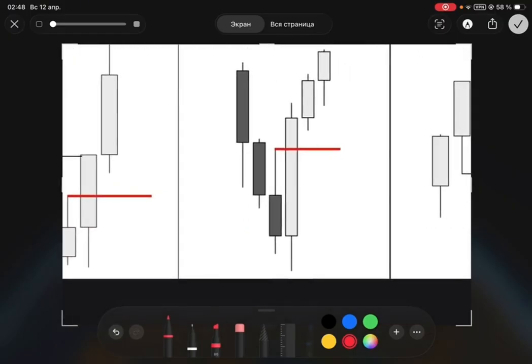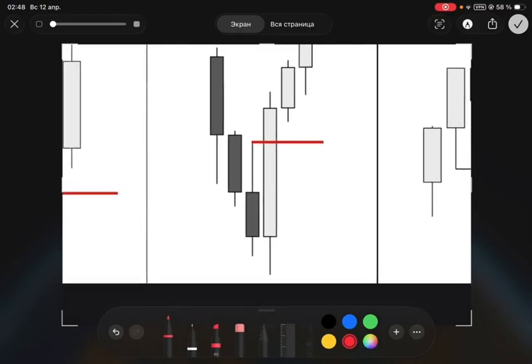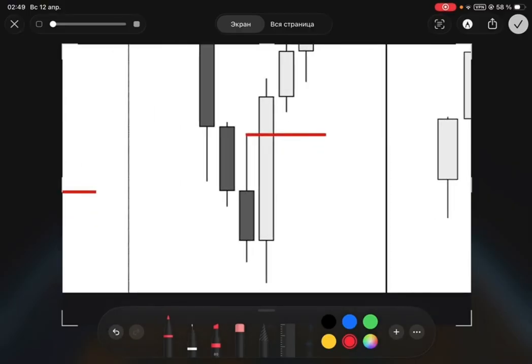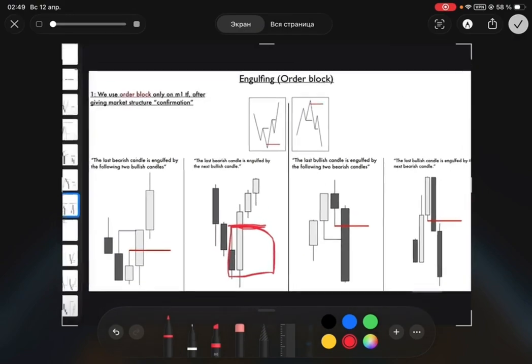The second one: this last candle should have been closed by the body of the next candle. In this case, one candle is closing it. Even if one candle closes it, we use the previous candle as an order block. The next candle breaks it with its body, and that zone is considered our order block.